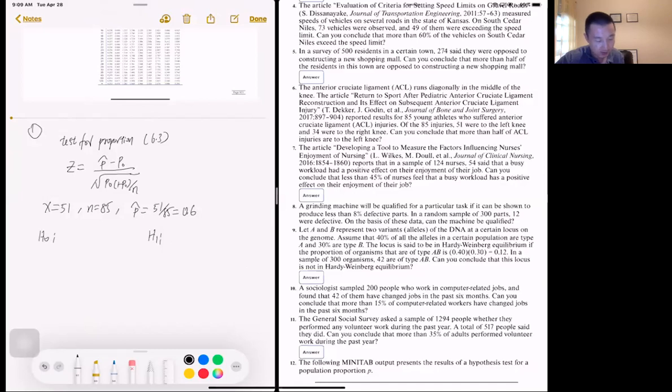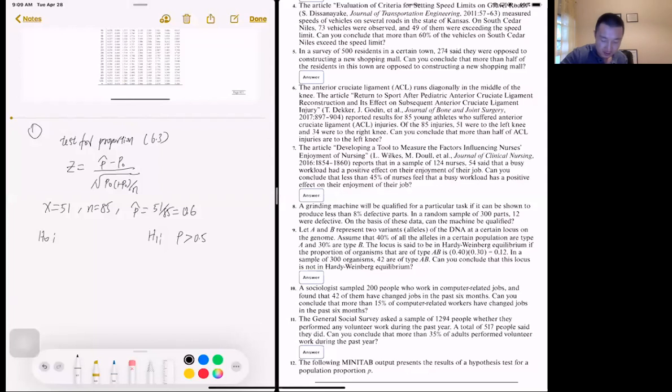Based on these two rules, let's look at the last sentence. Can you conclude that more than half of ACL injuries are to the left knee? So H1 will be the population proportion p larger than 0.5, so more than half.